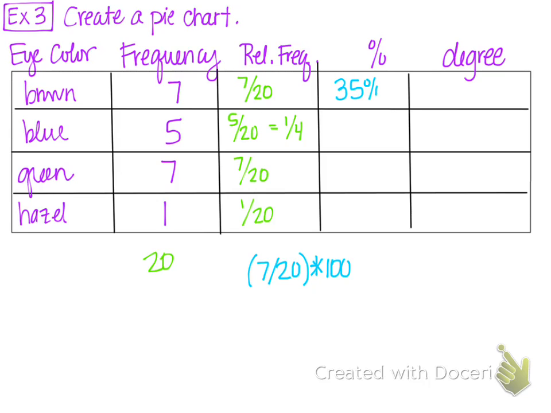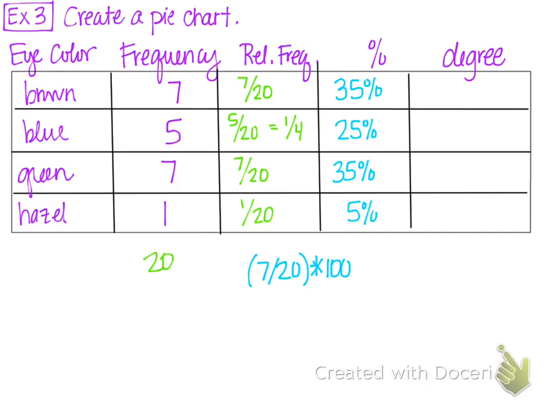And we're going to round to the nearest whole percent if you don't have a decimal. So the next one is blue. So we've got 1/4 times 100, and you get 25%. And for the next one, obviously it's the same as above, 35%. And then the next one we have 1 out of 20, so that's 5%.